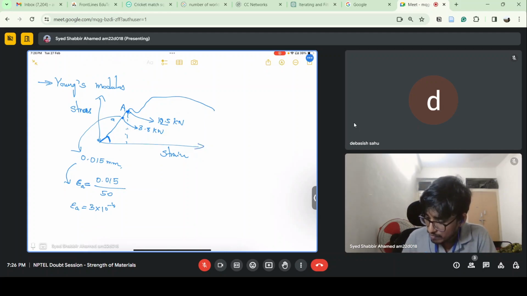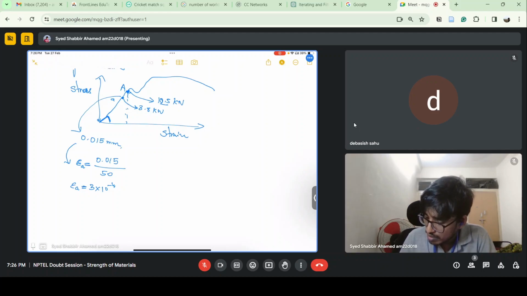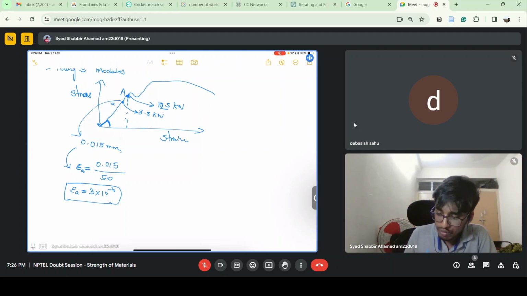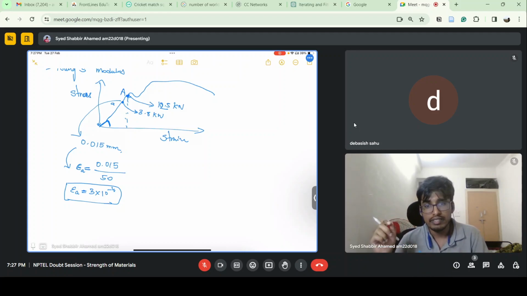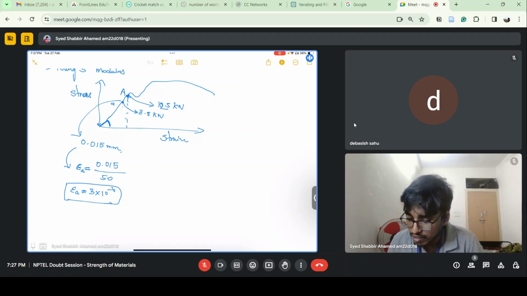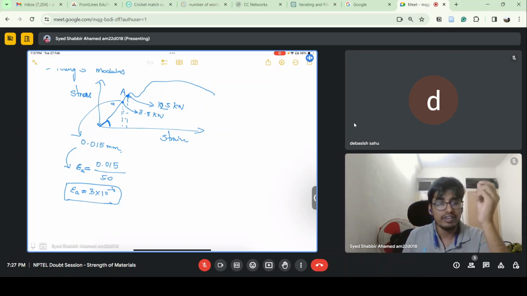Then we know the strain just below point A. He has not given the stress, but the strain at small a and capital A is slightly varying. So I can say that these 2 points have the same strain. Here in the diagram I have drawn some variation, but it is very small.